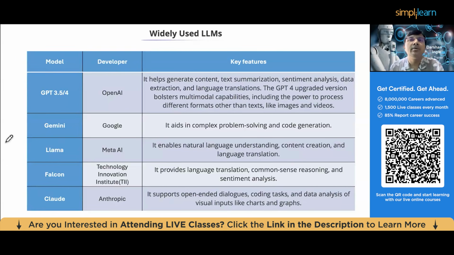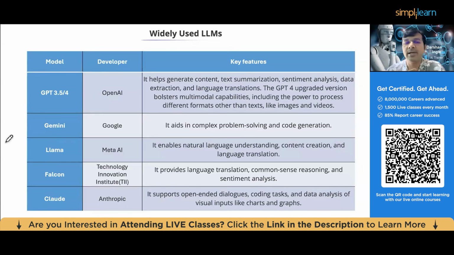GPT 4 goes a step further into multimodal capabilities, meaning it does not just handle text, but it also handles images. And I would also say in some cases handles videos as well. Like ChatGPT answers our question in natural language, and it can also analyze an uploaded image.